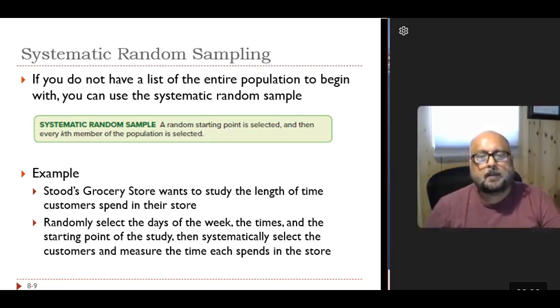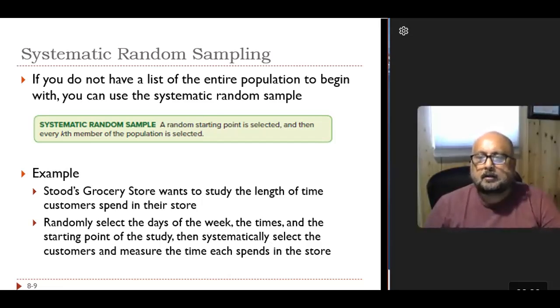So how do we do that? As you know, so many people come to a store, and you can't study every single person. So you need to use sampling. You can use systematic random sampling.